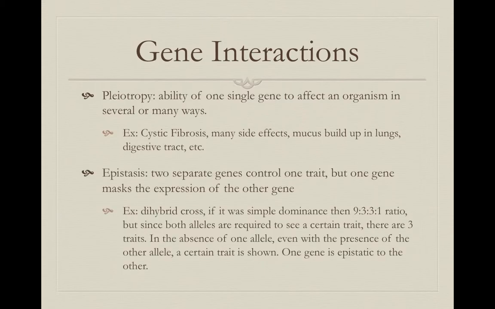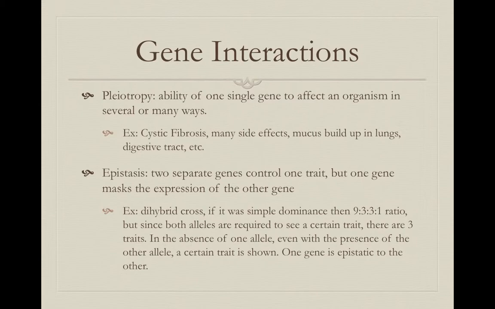Epistasis is when two separate genes control one trait, but one gene masks the expression of the other gene. So this one's a little more complex and it's a little more difficult to explain here, but I have a really good example of epistasis. So in my example, we have the agouti coat color in mice, and this is a dihybrid cross. So if we had a simple dominance, then it'd be a 9 to 3 to 3 to 1 ratio.